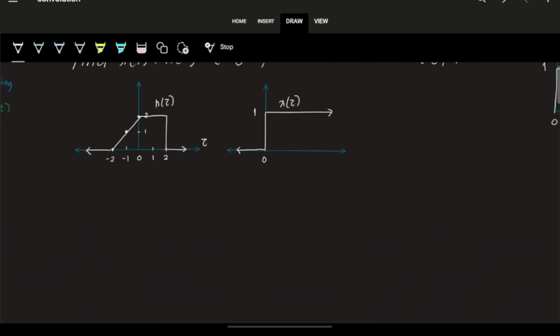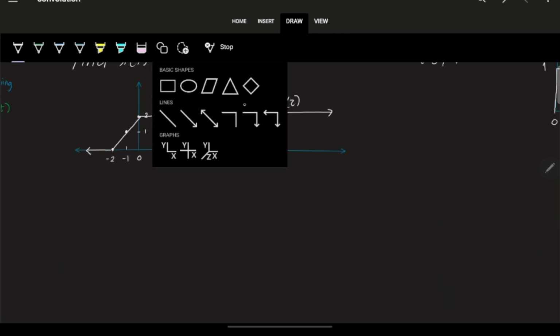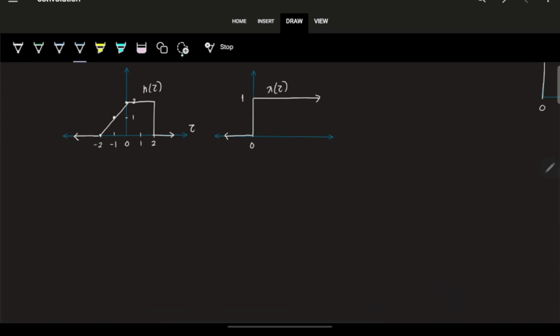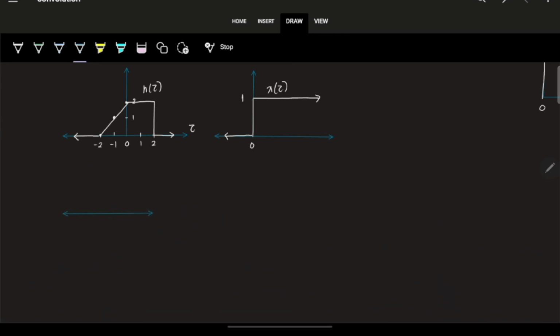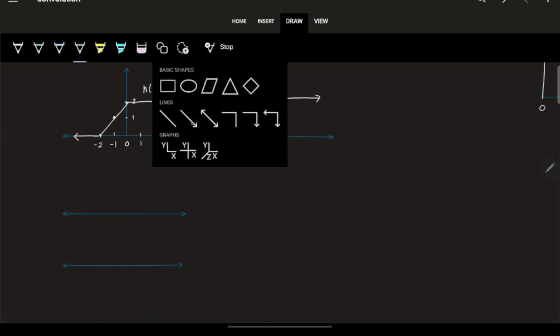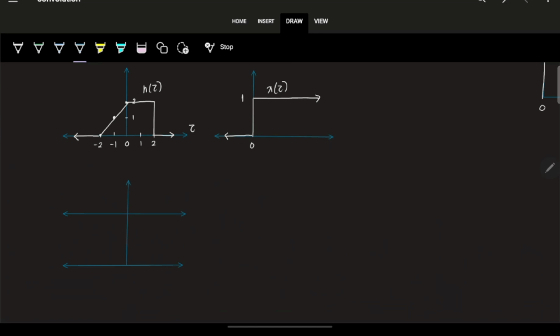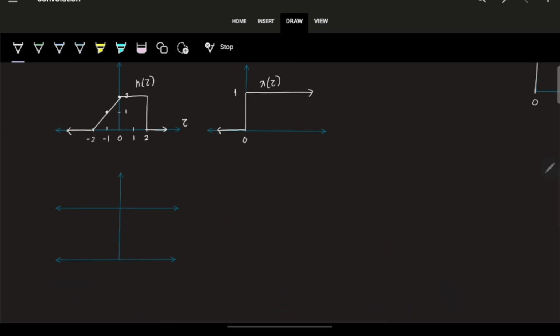So first, let's graph. Literal na puro graphing tayo dito mga kapatid, ha? Puro drawing. Okay, so first, let's draw the original signal.